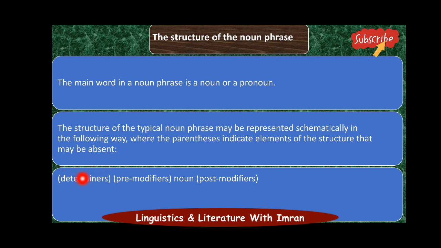So you can make them absent, or you can remove determiners, pre-modifiers and post-modifiers. Even if in a noun phrase determiners, pre-modifiers and post-modifiers are all absent and only a noun is there, it is still called a noun phrase, because the noun is the main word in a noun phrase.